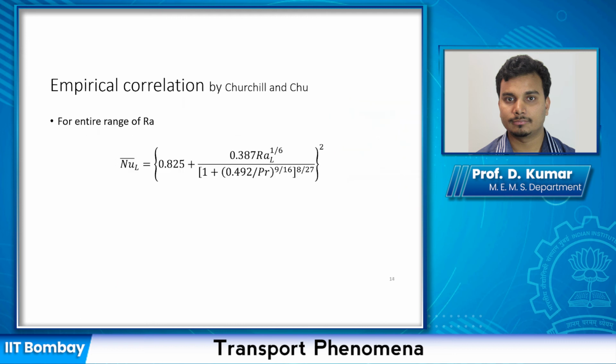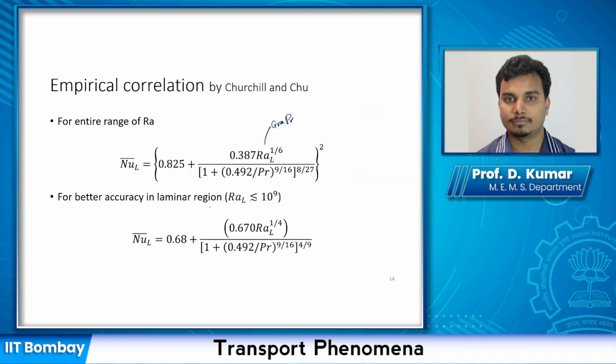The empirical correlation by Churchill and Chu is given. This is for Nusselt number, which is 0.825, and then it depends on Rayleigh number, which is essentially the product of Grashof and Prandtl. This correlation for average Nusselt number is valid for the entire Rayleigh number range.